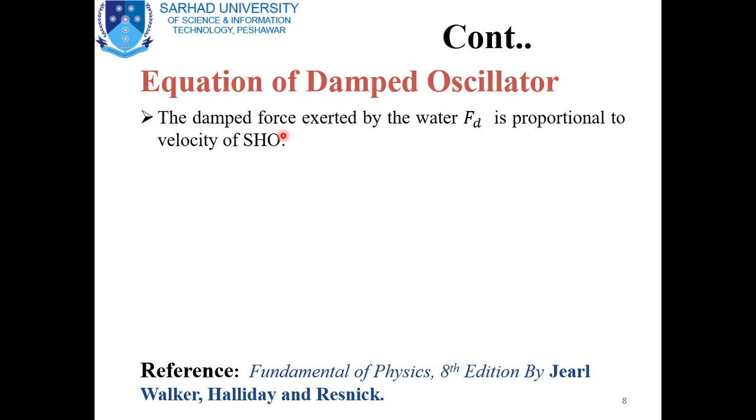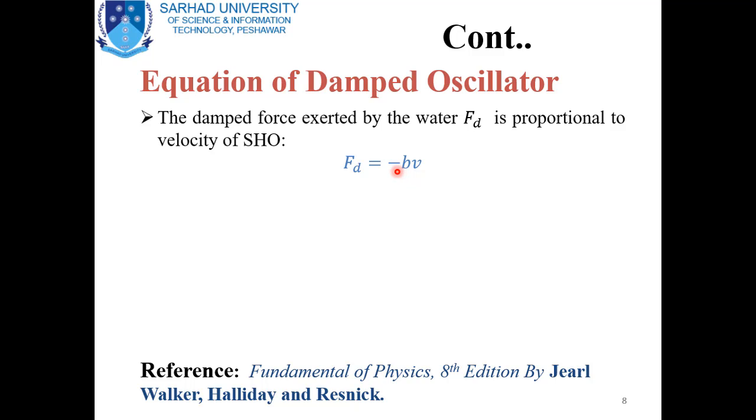Water will exert a force equal to Fd, known as the drag force, which is directly proportional to the velocity of the oscillator. The equation for the drag force is Fd equal to minus bv, where b is known as the damping constant that depends on the characteristics of both the vane and the liquid, and has the SI unit of kilogram per second.